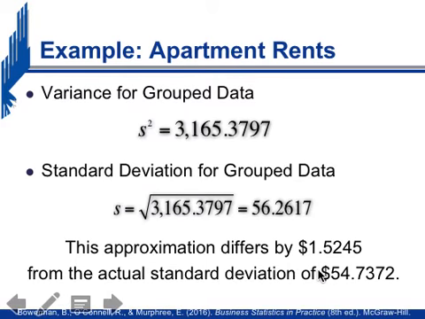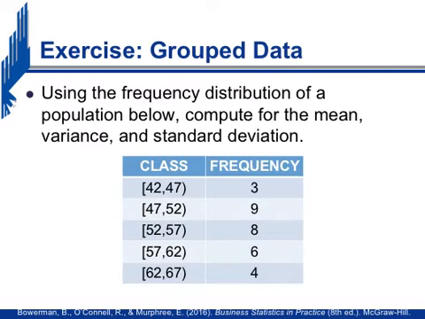So again, we have these formulas that can help us compute for the mean and the standard deviation of datasets if you only have group data, if the raw data are no longer available. Now, here is an example. So you can try to compute for this on your own. Only given this frequency distribution, compute for the mean and the variance and the standard deviation of the dataset.